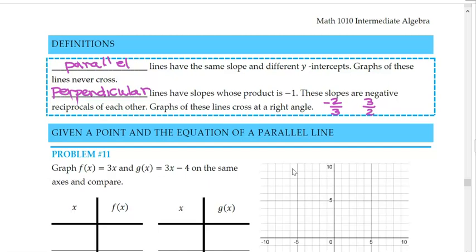If I had something like the slope was 4, which is like saying 4 over 1, I need to flip it and change the sign, so -1/4 would be the perpendicular slope. Okay, so make sure you understand how to find that perpendicular slope. You've got to flip and change the sign. I'm going to put "and" in capital letters, so remember you've got to do both.